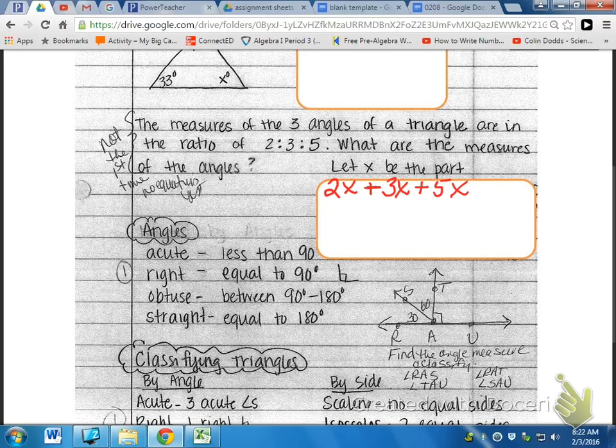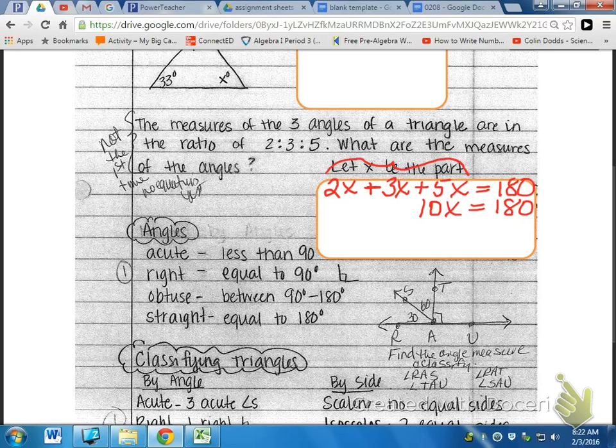And we know that 3 angles always add up to 180. To solve this, you have to think 2x plus 3x plus 5x. So adding all that up, 10x equals 180. How would I solve for x on this one?